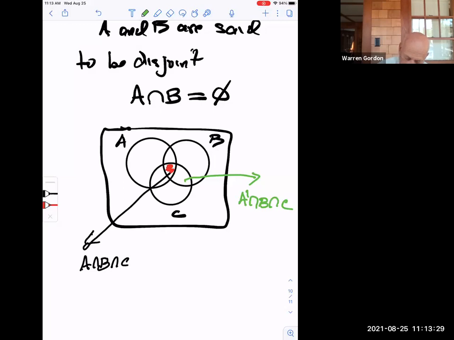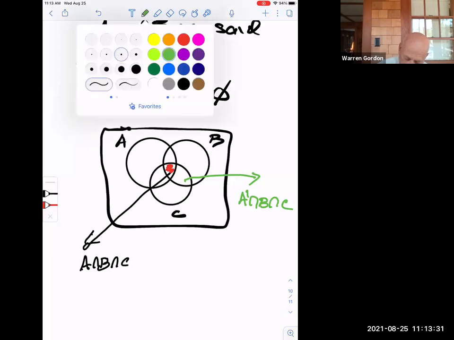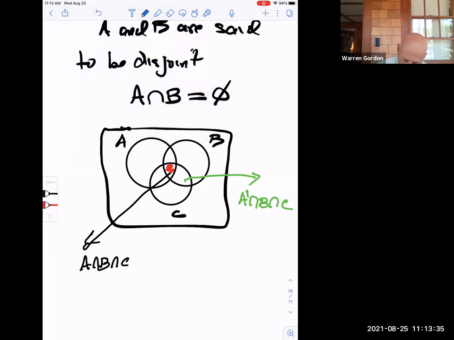How would I describe this region by itself? Well, it's only in A, right? It's in A, and it's not in B, and it's not in C. So I can describe these regions fairly easily using Venn diagrams, and that's pretty useful.